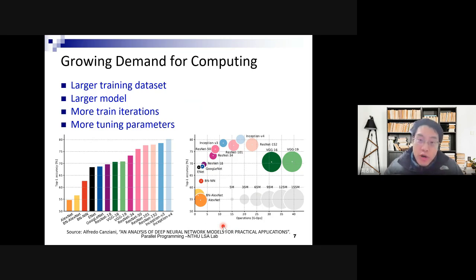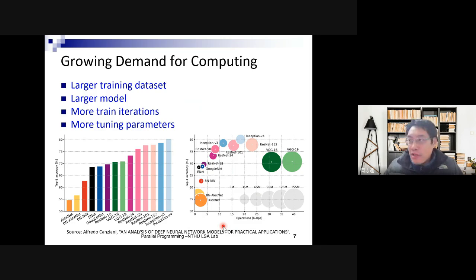And people want to train their model with more iterations, because sometimes if you train long enough, then you can just keep increasing the accuracy, right? So you have to train the model with enough iterations. And finally, there are so many parameters in the training of a deep learning model, right?